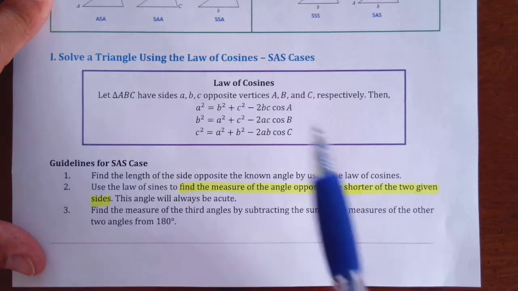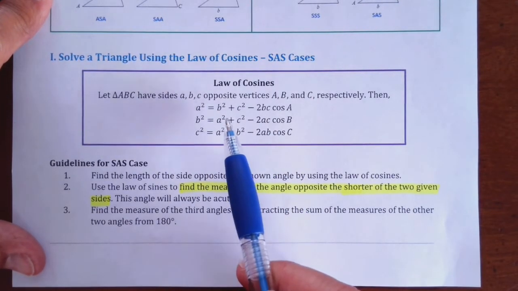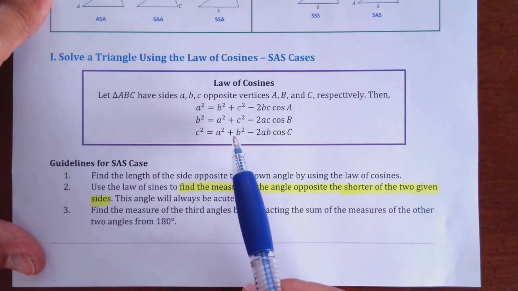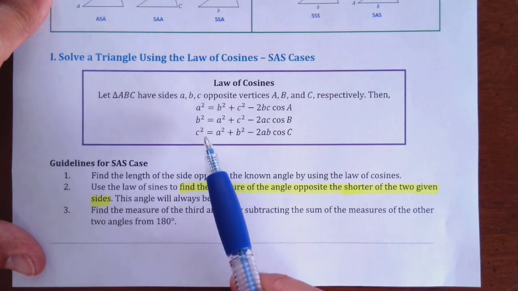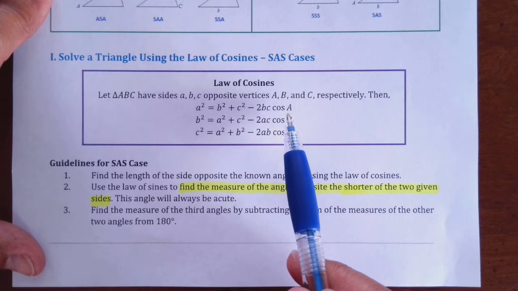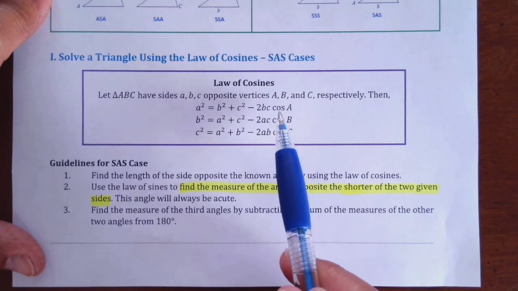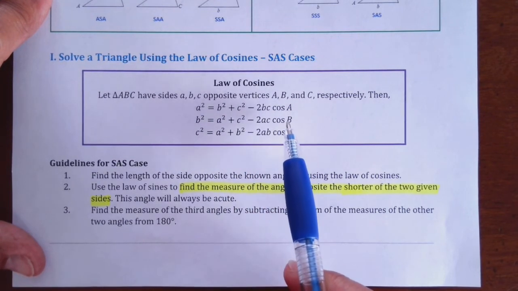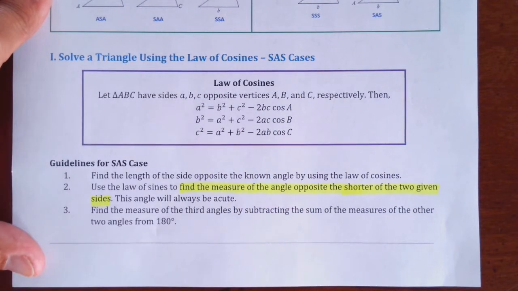So just notice the formula, no matter which one you use, it's kind of like the Pythagorean theorem first, even though your A, B's, and C's are in different places. So notice the letter or the side that's on the left will correspond to the angle you're going to use in the problem. So if you have angle A, then this is the formula you will use. If you have angle B, you'll use the middle one, and if you have angle C, you'll use the last one.